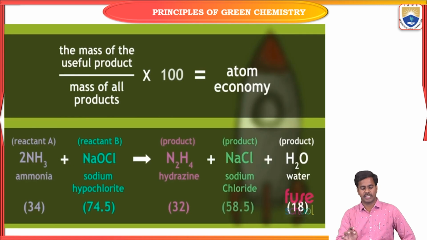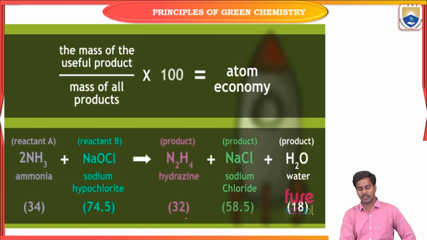Next, one more reaction. Ammonia reacts with sodium hypochlorite to produce hydrazine along with sodium chloride and water. Here hydrazine is the useful product. It is a commercially very important product, used as a rocket fuel.